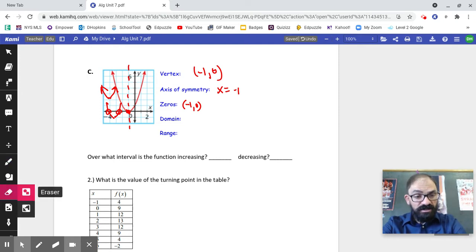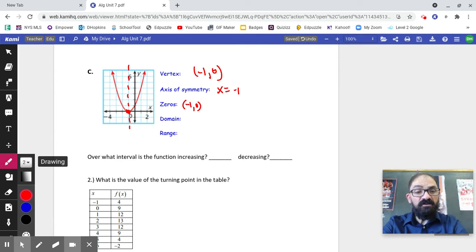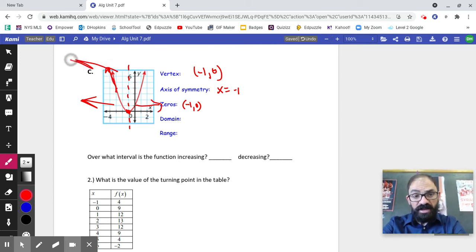Okay, the domain. One of the hardest things we did in the previous lesson. Remember, the domain is how far left and how far right your graph goes. So as this goes up, it's got arrows on it. As it goes up, it's also going out. So if it goes out forever, it's going to negative infinity.